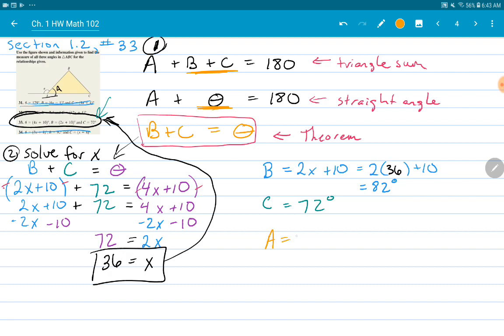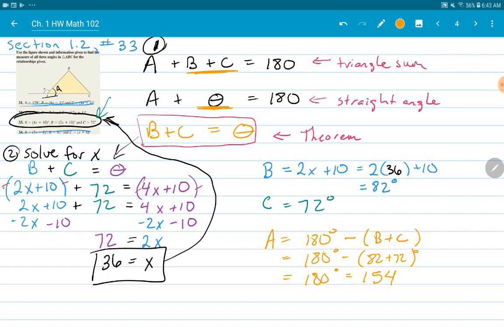So A equals 180 degrees minus the B and the C. So I'll add those together first and then subtract it from 180. So 180 degrees minus B and C together is 82 plus 72 degrees, which is 154.